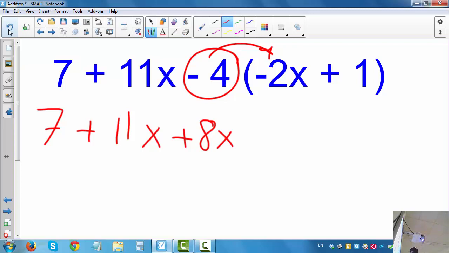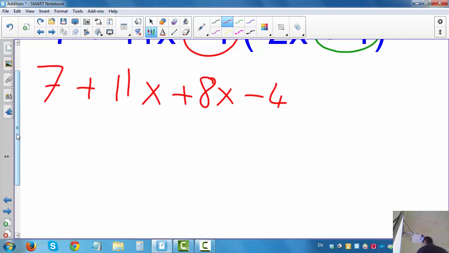Let's continue. Minus 4 times plus 1. Anything multiplied with plus 1, regular 1, is equal to itself. So I'm going to have minus 4 and no letter here. So now I am looking at a number here, another number there, and I'm looking at the letter here and another letter there.